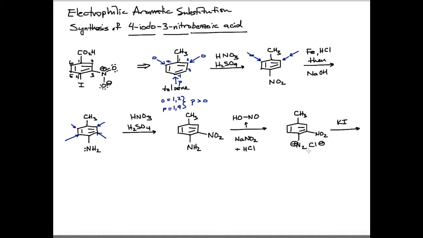So what that is actually doing is a nucleophilic substitution of N2. So you expel N2 gas and you substitute that for iodide. So where the diazonium was, we now get iodine. Our NO2 remains the same, and then our methyl group.